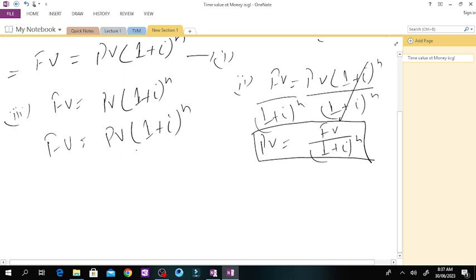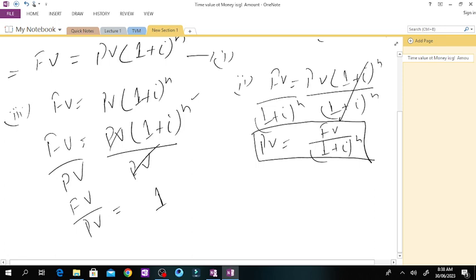So to find n, simply divide present value from both sides, cross multiply, and then future value divided by present value equals (1 plus I) power n.